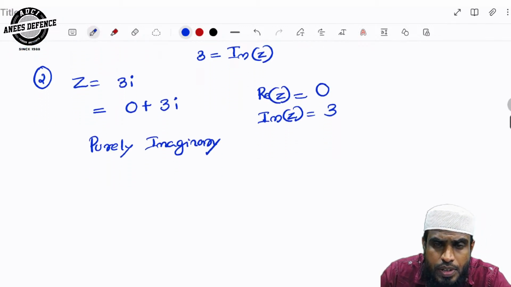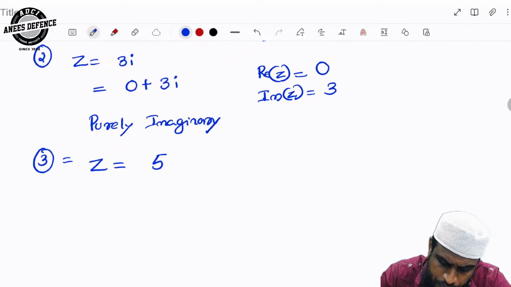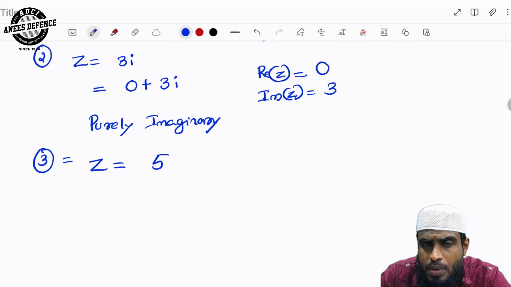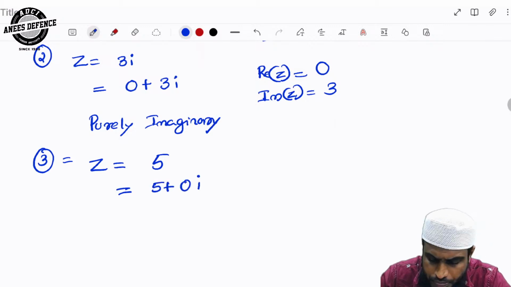Another example, Z is equal to 5. So in this example, you are not able to see any term which is attached to iota. So this can be represented as 5 plus 0i.